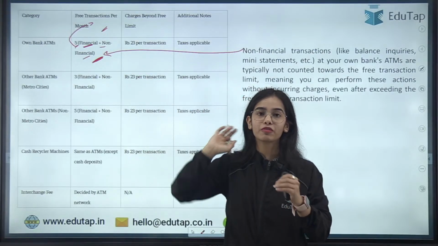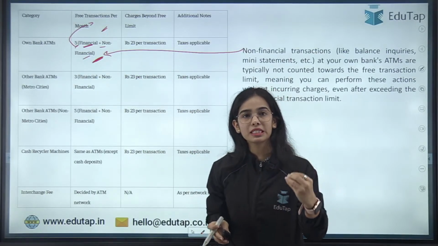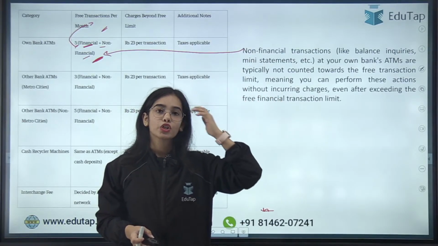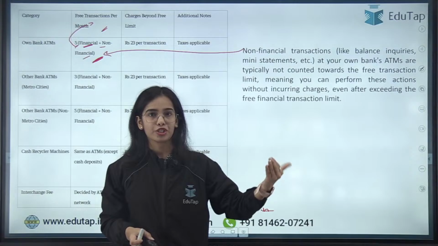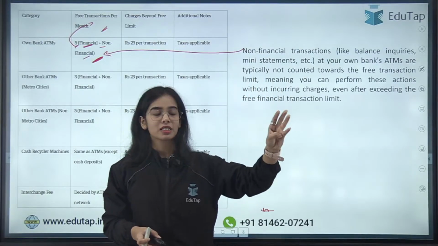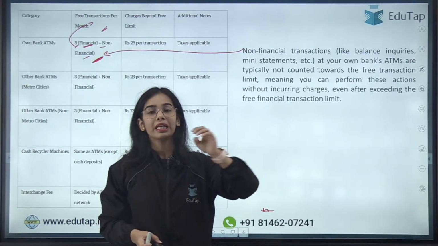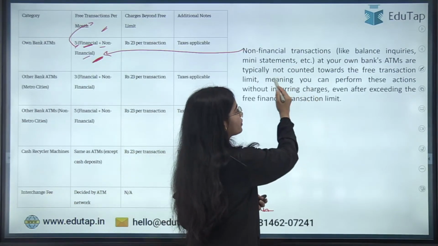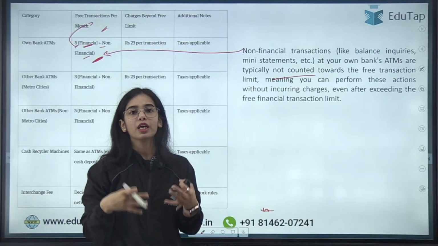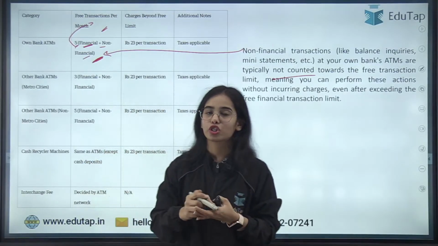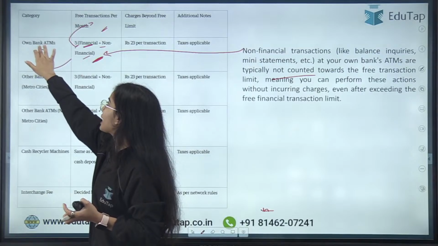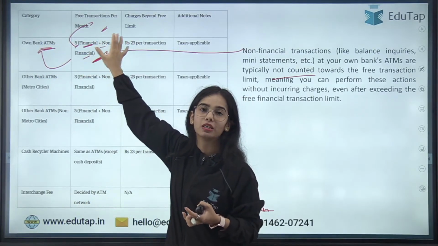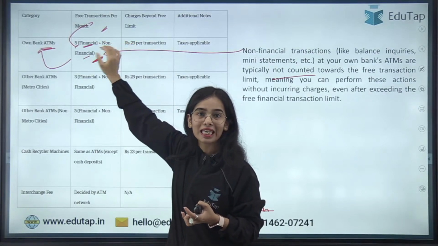But usually in the previous circulars of the RBI, it has been stated that non-financial transactions at your own bank, because your own bank has your information, like balance inquiries, mini statement, changing your PIN at your own bank's ATMs, are typically not counted towards the free transaction limit, because they are usually provided by the bank free of cost. So if you are going to your own bank ATM, usually these 5 free transactions are for your financial transactions, that is, cash withdrawals.